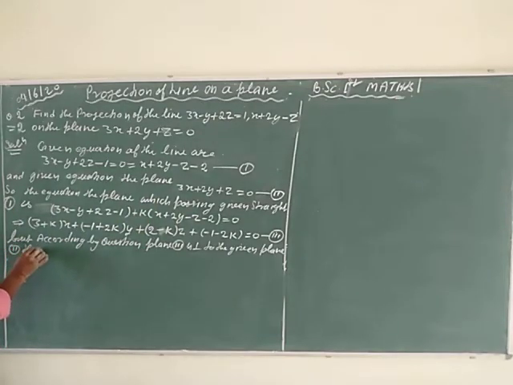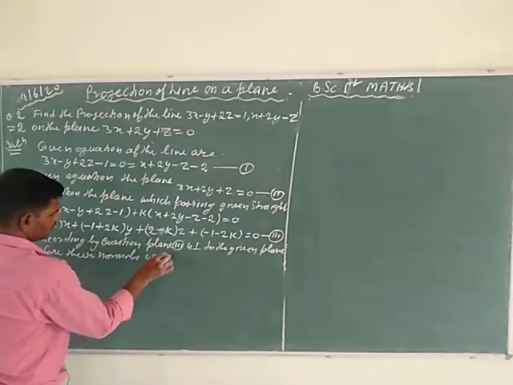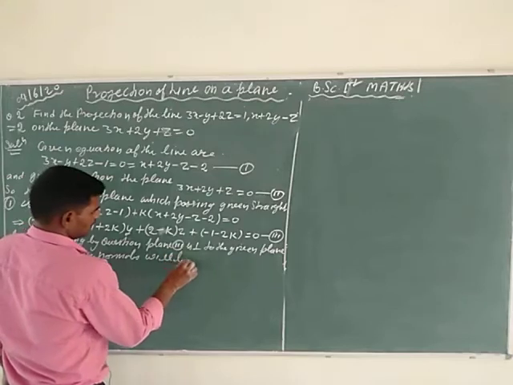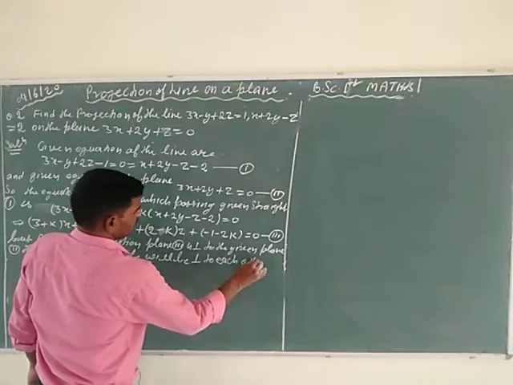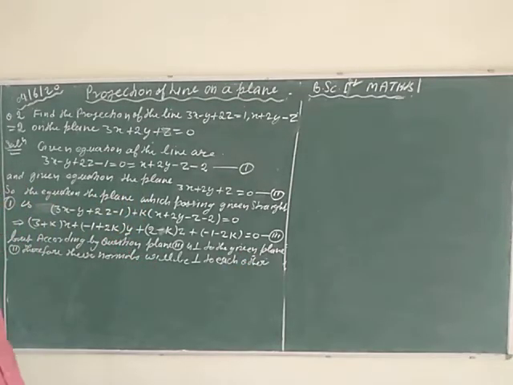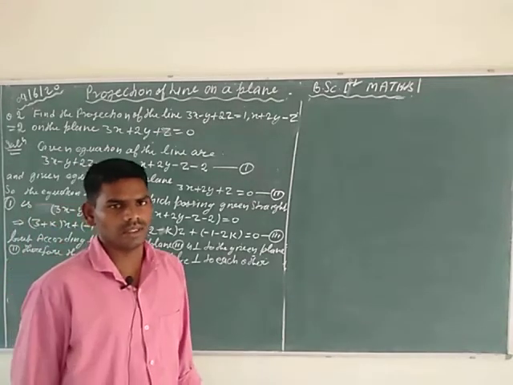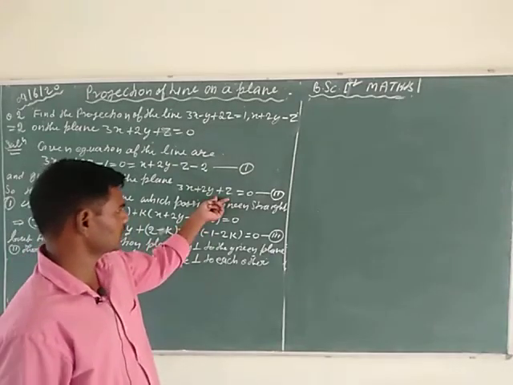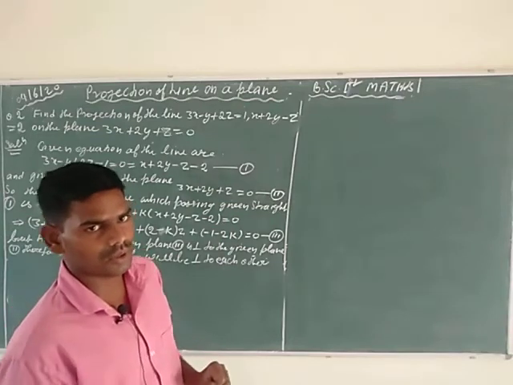Therefore, their normals will be perpendicular to each other. According to the question, the plane which passes through the given first line must be perpendicular to the given second plane. Therefore, the normals of these two planes are also perpendicular to each other.